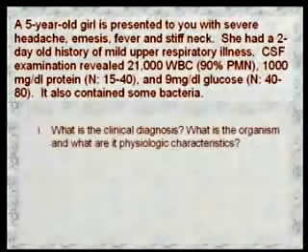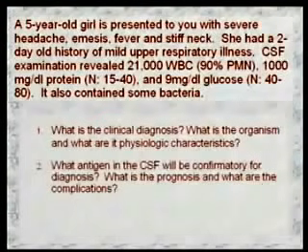Okay, and you've got to ask yourself a question: what's the clinical diagnosis, and what is the organism that might be causing these symptoms and leading to these changes in the CSF profile? What antigen in the CSF will be confirmatory for the diagnosis? That's an important point. What is the component that you will find in the CSF that will confirm your diagnosis?